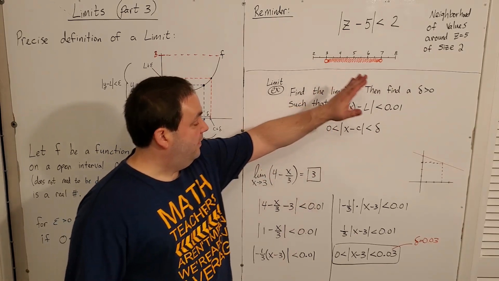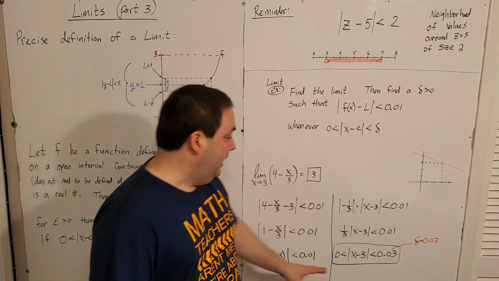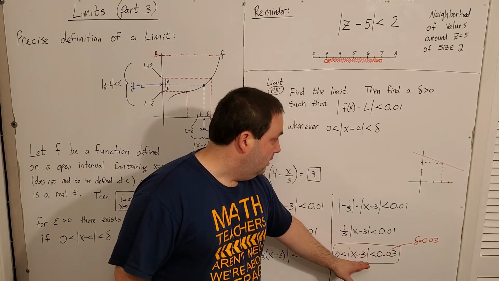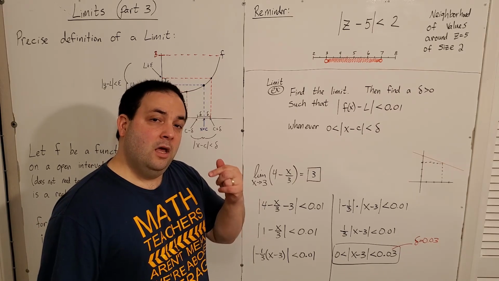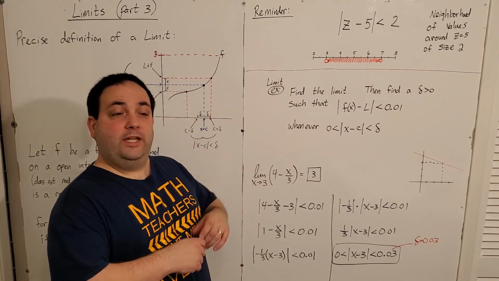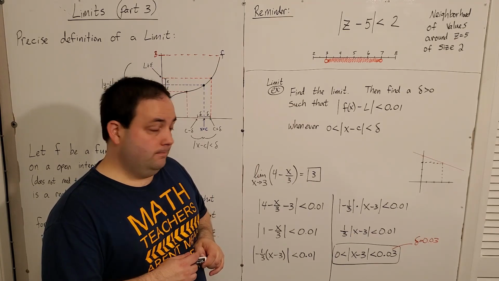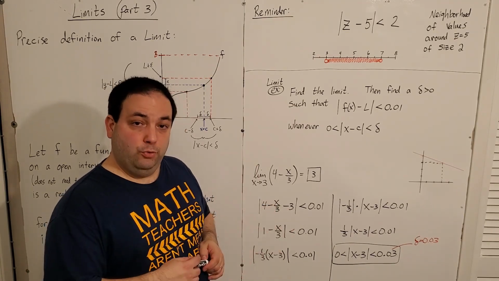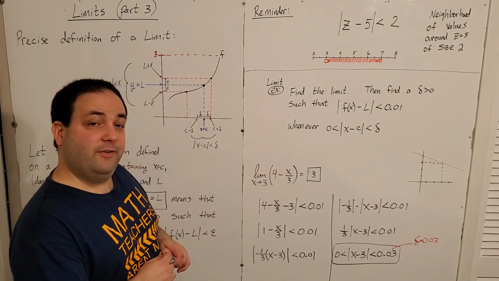So if an epsilon is chosen, all you need to do is find a delta to go with that epsilon. And if you can do that for every epsilon, in other words, if we can do it for just the epsilon symbol generically, then the limit is proven. Okay? So good first example.